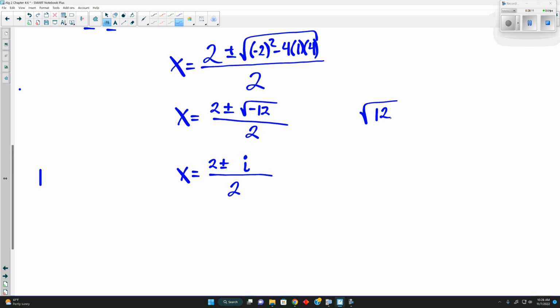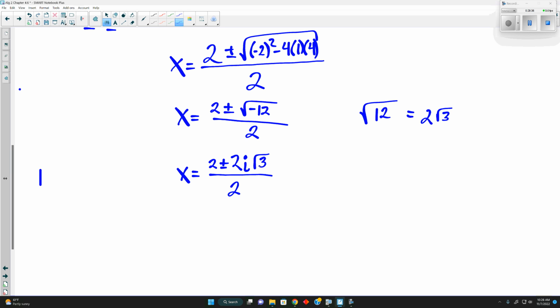It will either give us back the square root of 12, or give it to us in simplified form, which is 2 square root of 3. So the square root of negative 12 is 2i square root of 3.